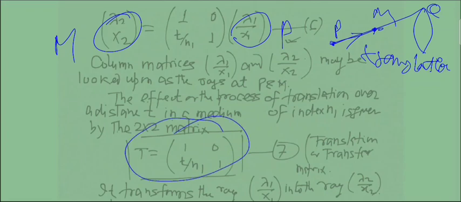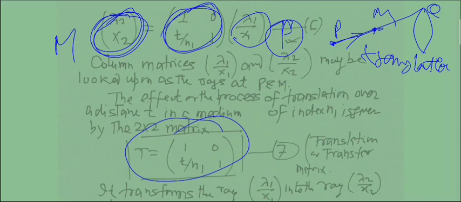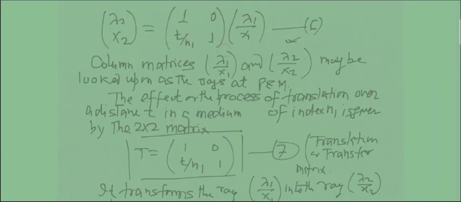So when at point P I apply a matrix of this kind, I get the matrix at point M. This is your translation matrix, because from point P to point M the ray has travelled.